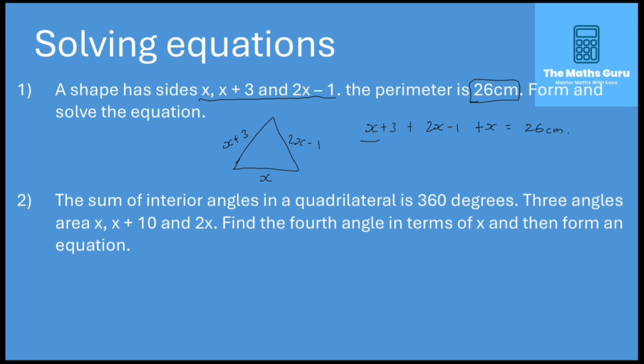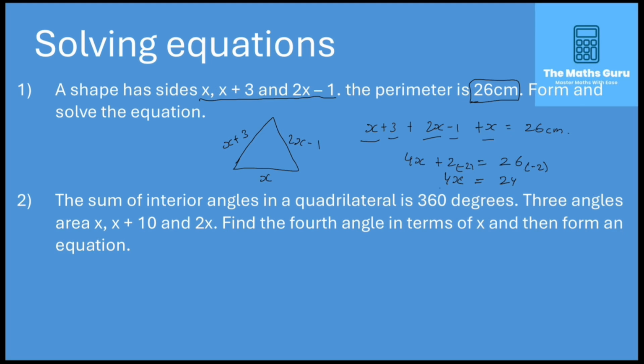So we do x plus 3 add 2x minus 1 add x is equal to our 26 centimeters. From here, we have x plus 2x plus x, collecting like terms. That is 4x, and then 3 minus 1 is plus 2, is equal to 26. 4x is equal to 24 because we minus 2 from both sides of this equation.